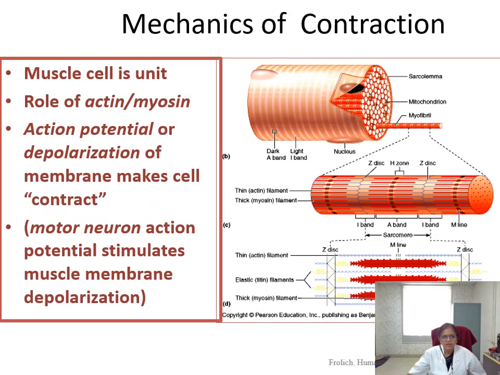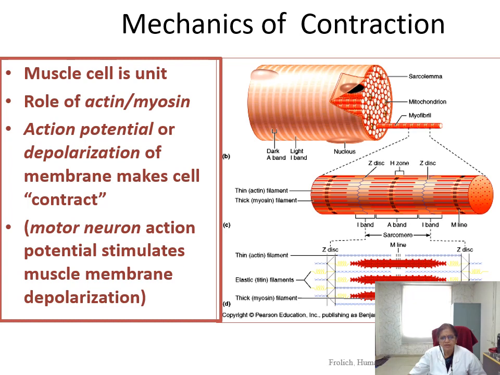So that you can have an understanding of muscle contraction. The basic structural and functional unit is called the muscle cell or myocyte or myofiber, muscle fiber, which contains many small structures called myofibrils. Each myofibril again contains myofilaments. What are myofilaments?